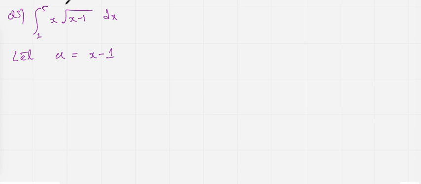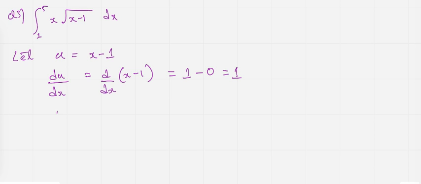So we just take the derivative. So derivative of our x is going to be 1, derivative of our 1 is going to be 0, so simply 1 is over here, and then we just shift this dx over here, so du is equal to dx. So we are going to replace this dx with our du.